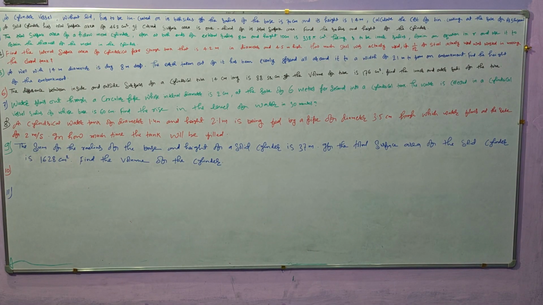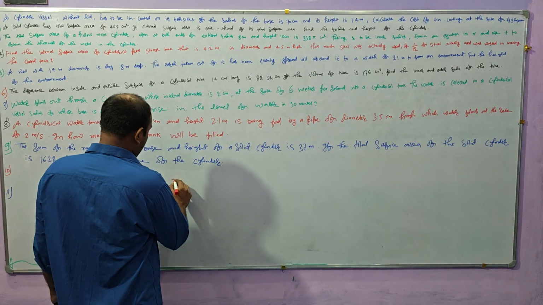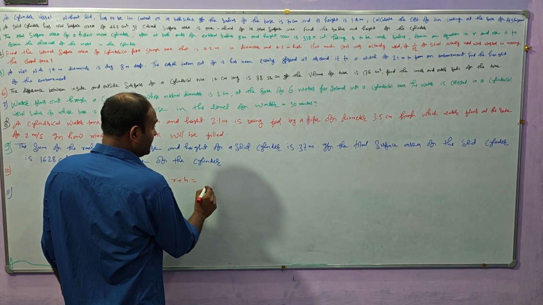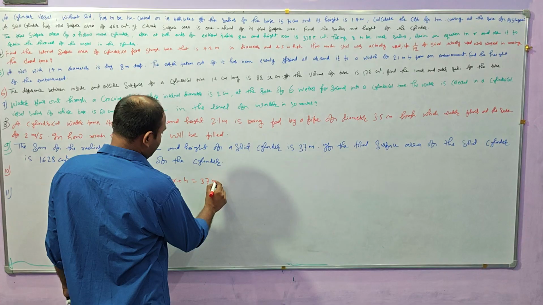We have a question. The sum of the radius of the base and height of a solid cylinder is 37 meter. So r plus h is 37 meter.